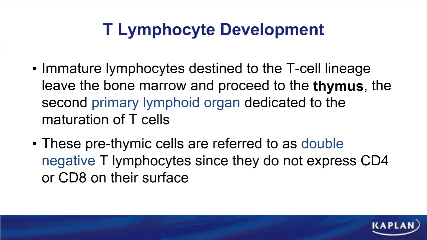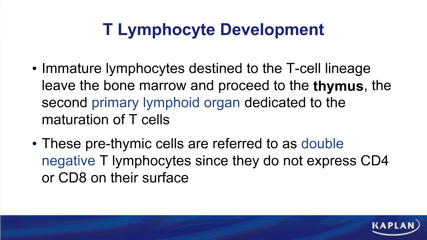Now, before a cell enters into the thymus, it is going to be referred to by a couple of different names. It is either referred to as a prethymic cell, makes lots of sense, doesn't it? Or you can refer to them as double negative T lymphocytes. So what does the double negative stand for?